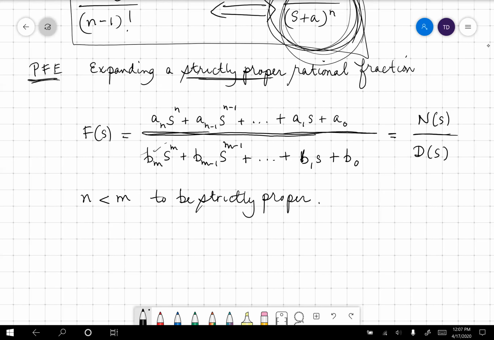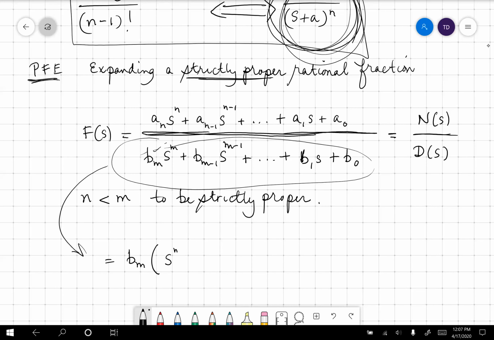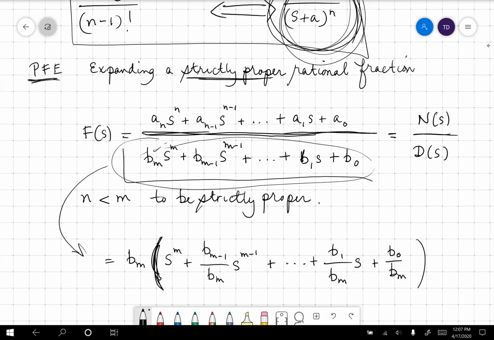The way we factor that out in this denominator is the following: this is equal to b sub m times s to the m power plus b sub m minus 1 over b sub m, s to the m minus 1 power, plus dot dot dot, plus b sub 1 over b sub m, s plus b0 over b sub m. And that is the same exact thing as this up here.